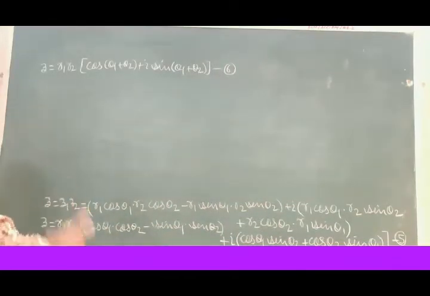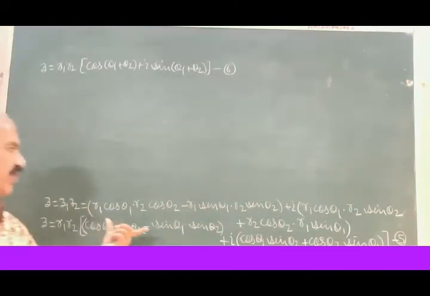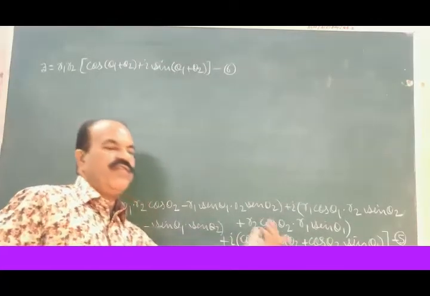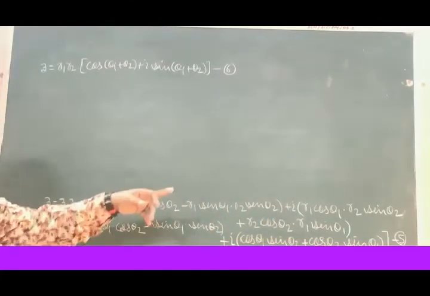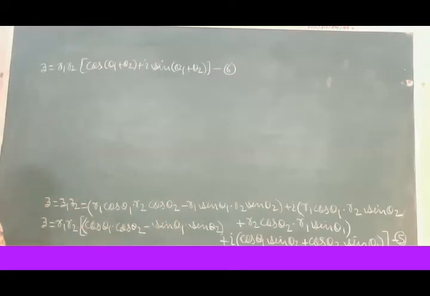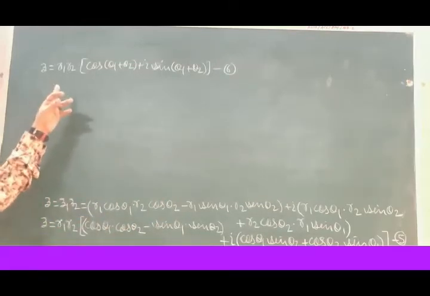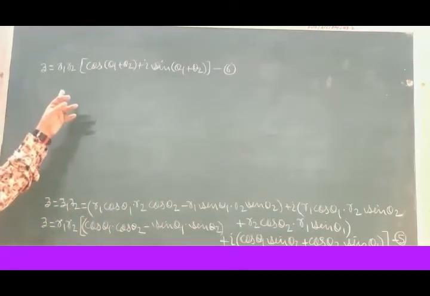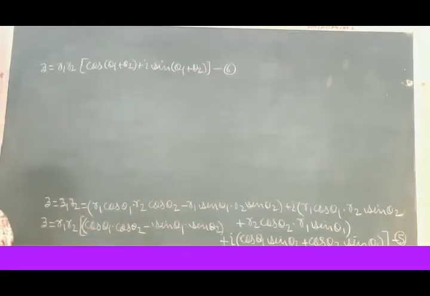Using trigonometric properties for this bracket and for this bracket, equation 5 can further be written as z is equal to r1 into r2 into, in the square bracket, cos theta 1 plus theta 2 plus i sin theta 1 plus theta 2.